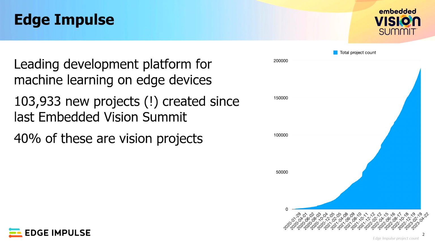Just as an indication of how popular it is, about a year ago at the Embedded Vision Summit, we were at 85,000 projects on the platform. Today we're at 185,000. And that is over 100,000 new projects being created on Edge Impulse, 40% of which are actually computer vision products. And 60% is radar, audio, current and accelerometer data, sensor fusion, and all kinds of stuff.